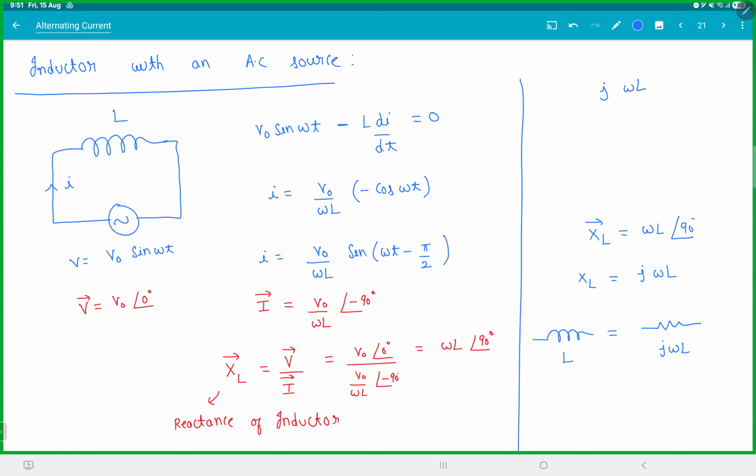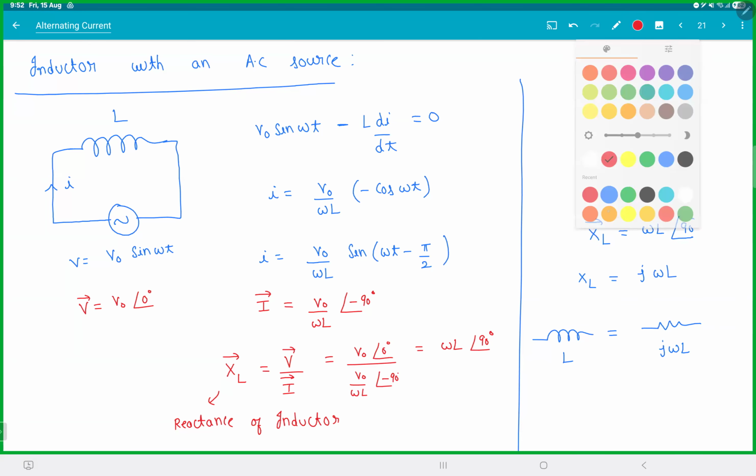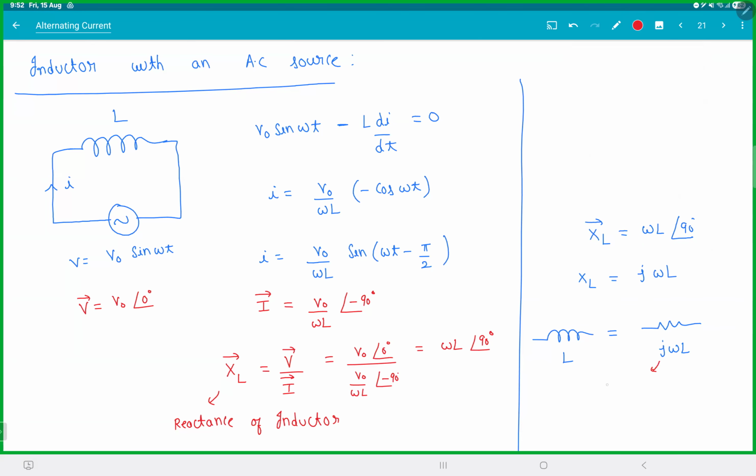J omega L will take care of the magnitude, J will take care of the phase angle. You're getting it? We will see some examples, you'll get the hang of it. So this complex number takes care of phase angle. So we are actually using complex numbers in order to create these phase angles.